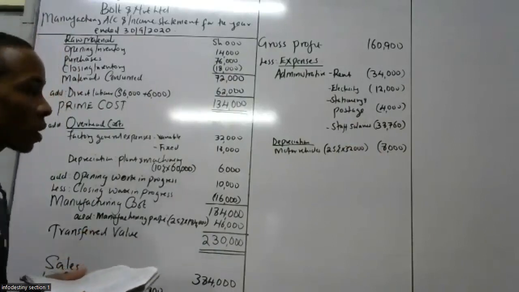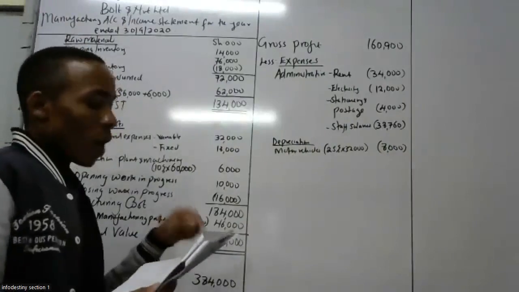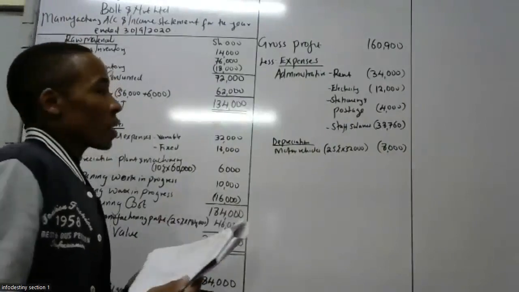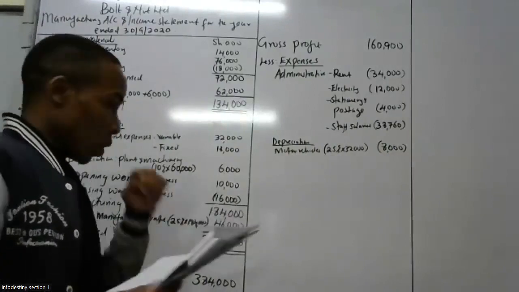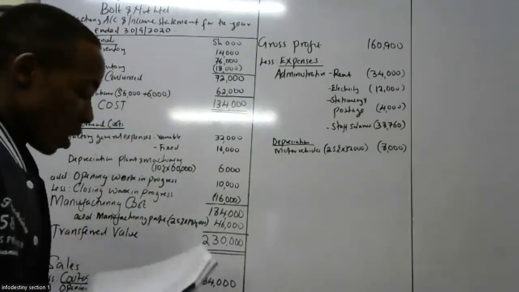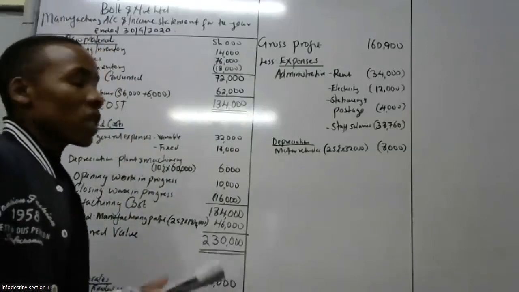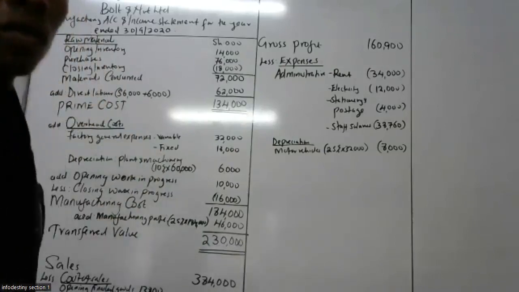Then we have now the provision or the allowance for unrealized profits. We have the one which is given in the trial balance at the beginning of the year. But now let's compute the allowance for unrealized profits this year, the current year, at the end of the date.